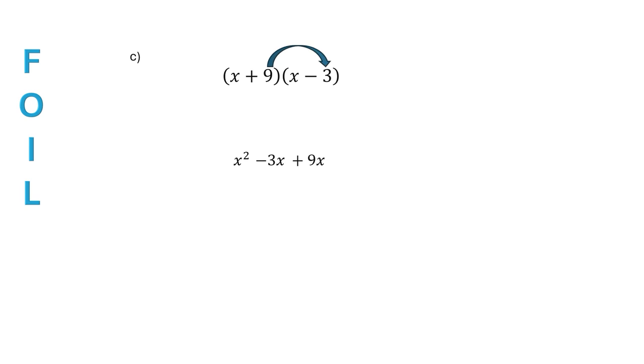And our last terms, 9 times negative 3 gives us negative 27. We collect the like terms of negative 3x, positive 9x, to give us positive 6x, for a final answer of x squared plus 6x minus 27.